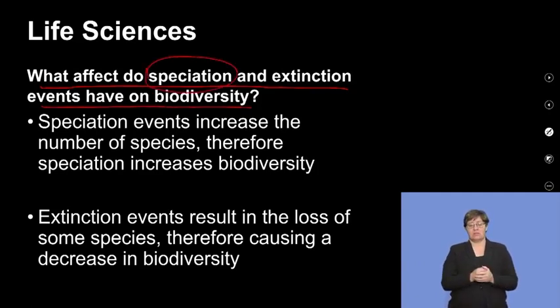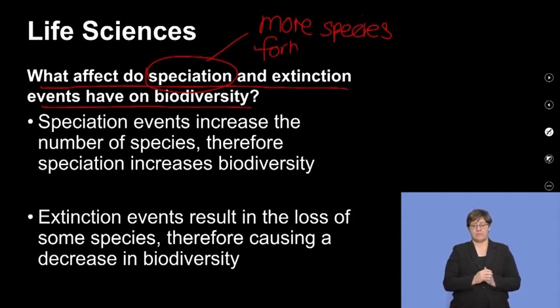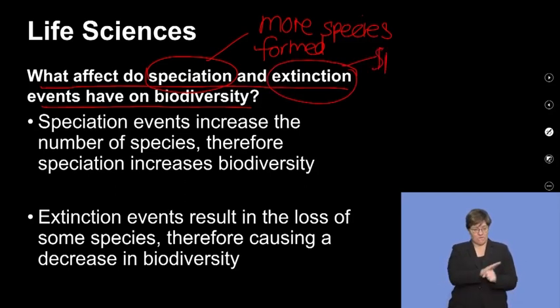When we talk about speciation, we're talking about more species developing, or species being formed, for whatever reason, due to a speciation event. Then the term extinction: if a population or a species dies out, they become extinct. So they die out.